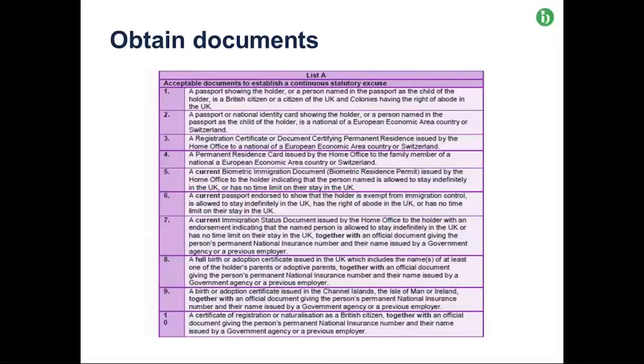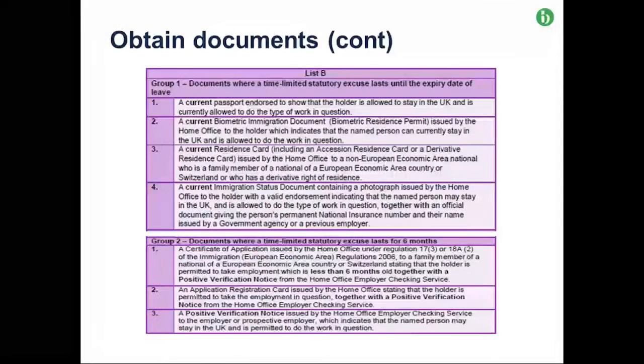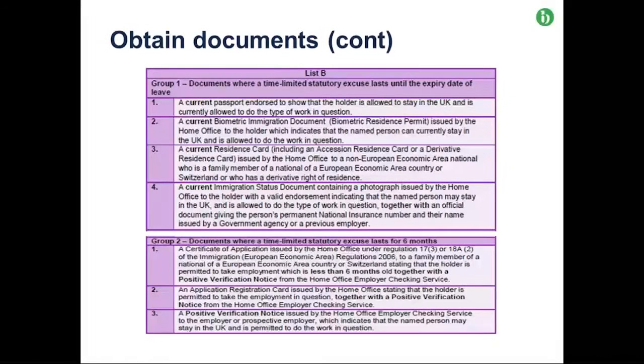If somebody doesn't provide you with a List A document, then they must provide you with a List B document to show that they have a right to work in the UK. These are split into two groups. Group 1 documents provide a time-limited statutory excuse, as they will show a person has a right to work for a limited period up until a set date.